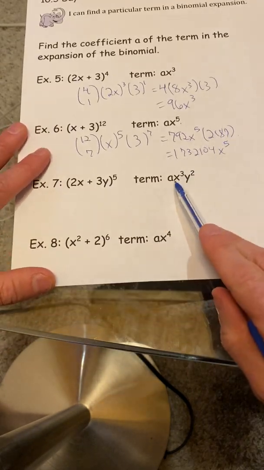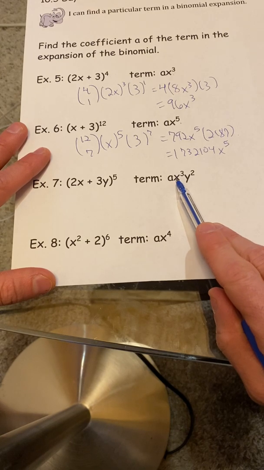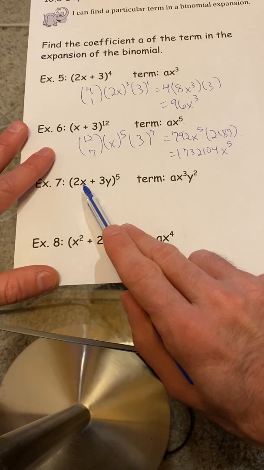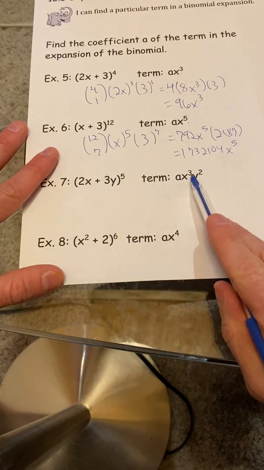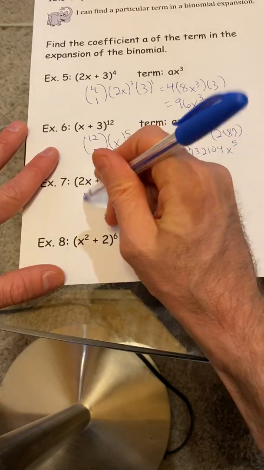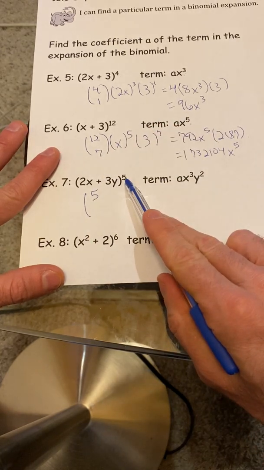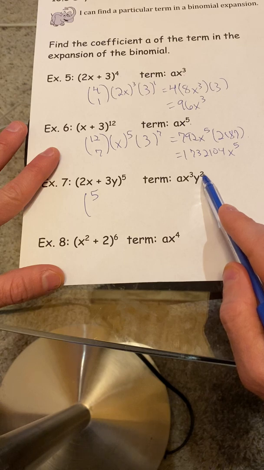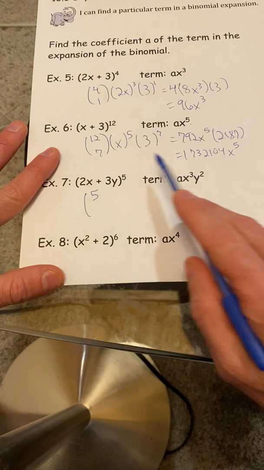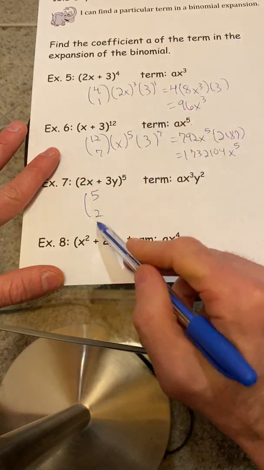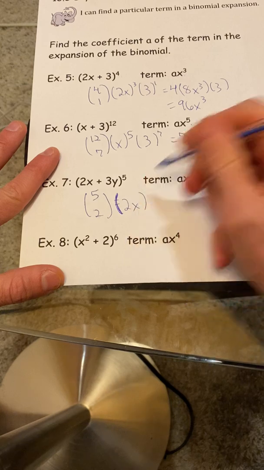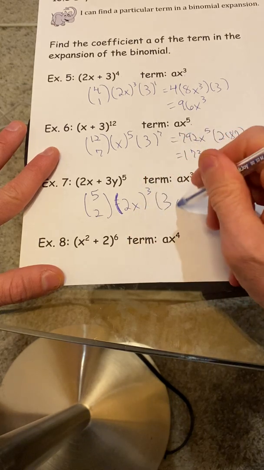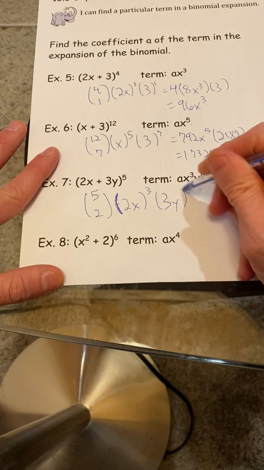All right, if we happen to have one with two variables, how this one works is a little different, where we have 2x plus 3y to the fifth. Again, what we have here is we're going to use a combination. 5 is the top number. Since it's x to the third, we want 5 minus 2, and then it's going to be 2x to the third, and 3y to the second.